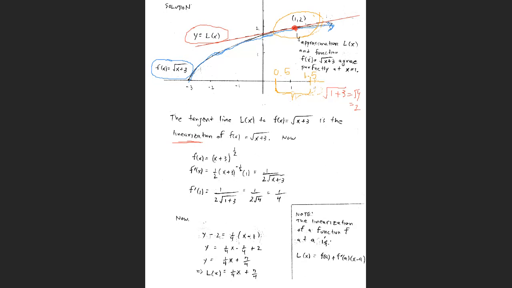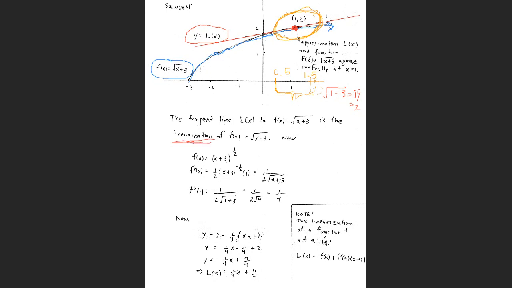In that range, when x is between a half and 1.5, which is the circle here, the function square root of x plus 3 is reasonably well approximated by the line. And so that's what we mean when we say we want to find the linearization of the function. That just means I want to find the equation of that tangent line.